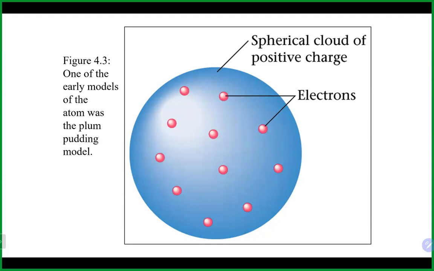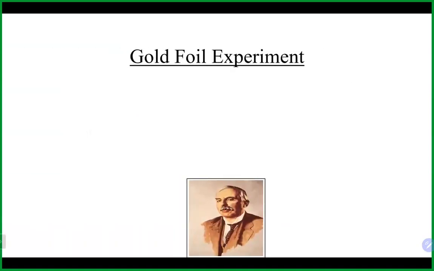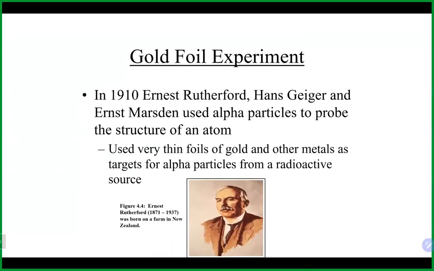The next major experiment that helped us move away from this model was performed by Rutherford and some other people like Geiger and Marsden. Ernest Rutherford did the popular gold foil experiment.